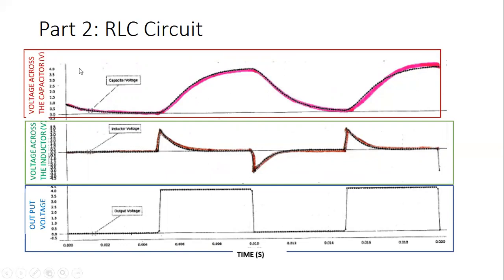We see the voltage across the capacitor follows a similar pattern to the resistor voltage that we did earlier. You might be observing it's about the same curve, the same pattern. But if you notice really closely, with the resistor we saw a pretty steady maximum value.